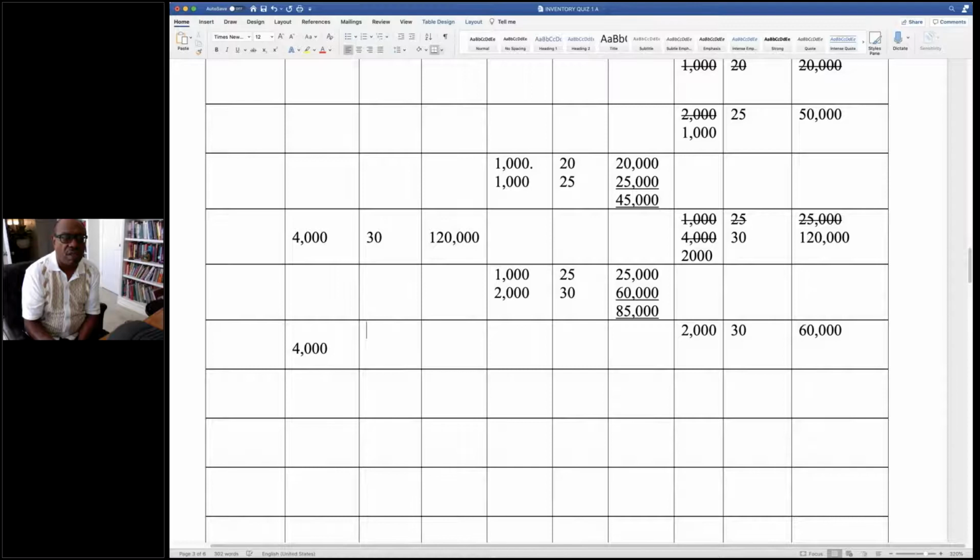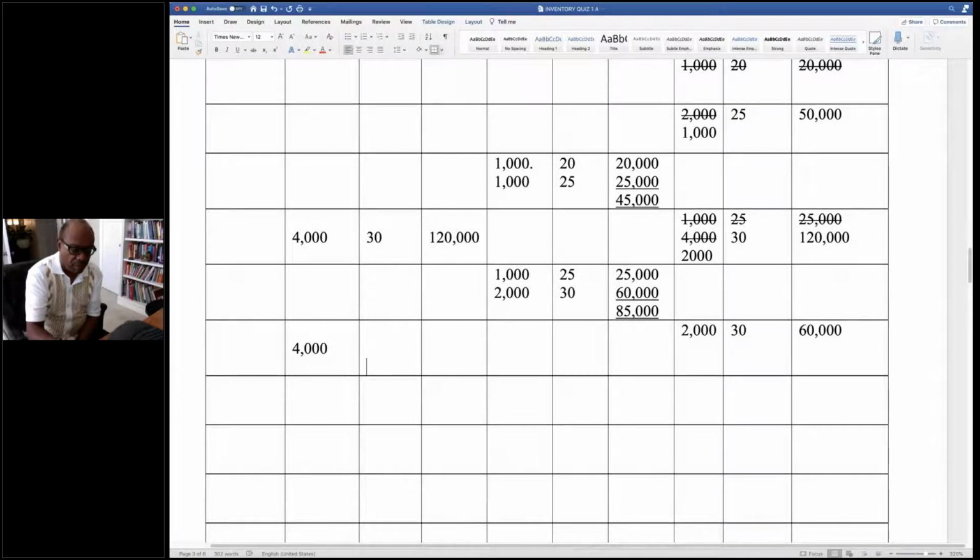You bought 4,000 of them at $40, and that's $160,000. They cost 40, right?